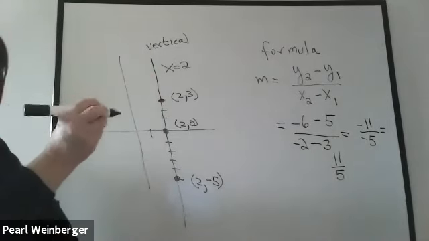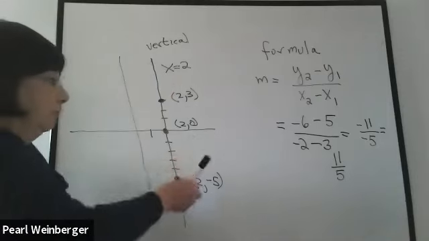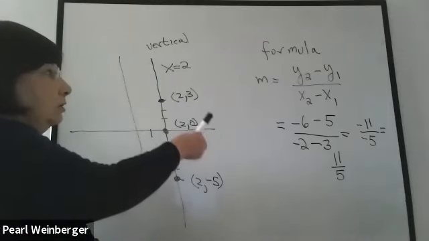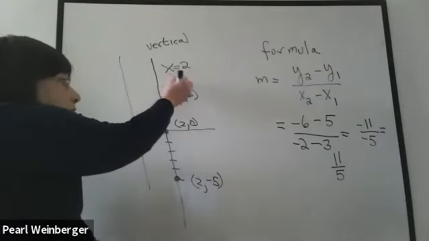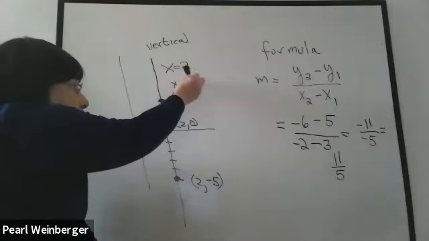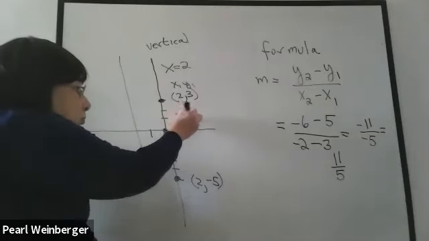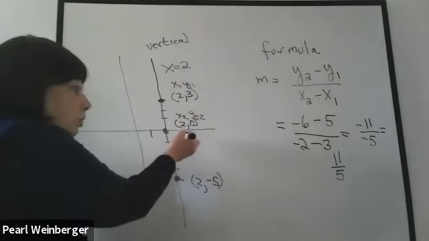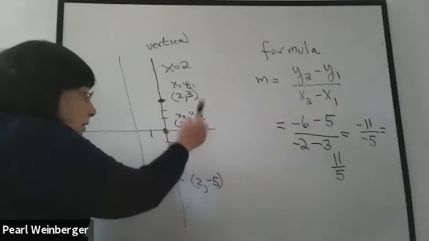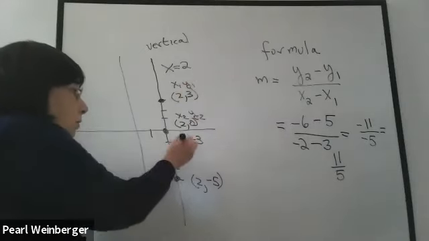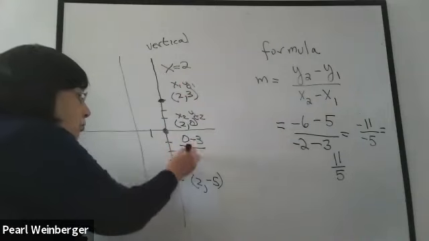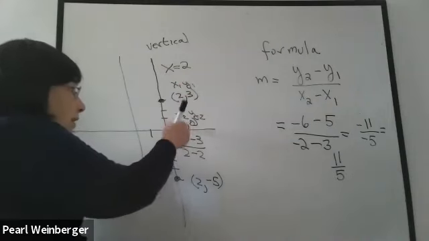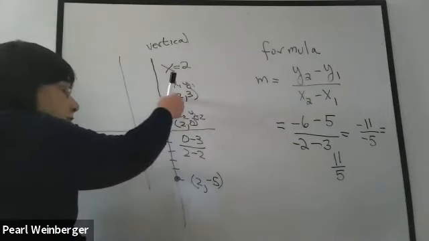I'm going to go one step further and find the slope of this line. Let's call this our x1, y1, and this our x2, y2. If I'm doing that, my slope is going to be 0 minus 3, y2 minus y1, over 2 minus 2.